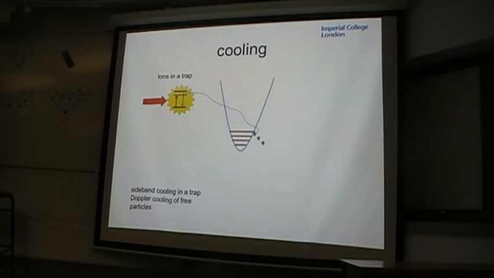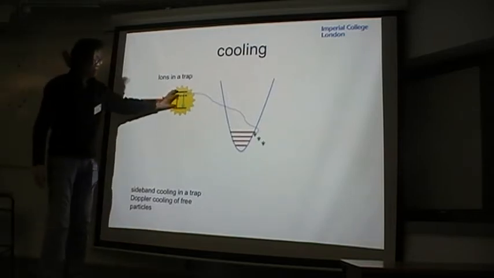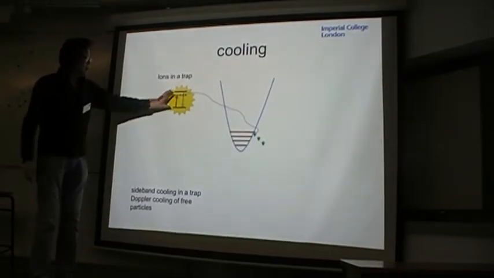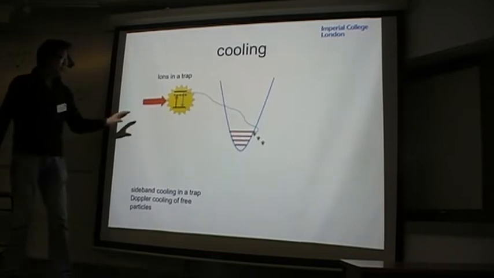Okay, but let's assume another case. Not the free particle, but a particle in a harmonic potential. It oscillates in the harmonic potential. In that case, this is my two-level atom in this potential, and this is the internal energy levels.